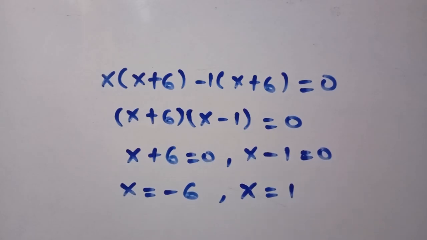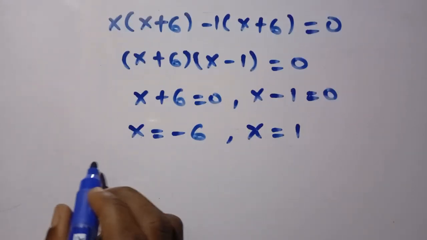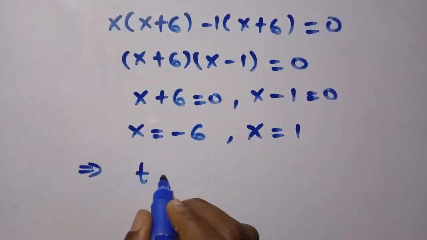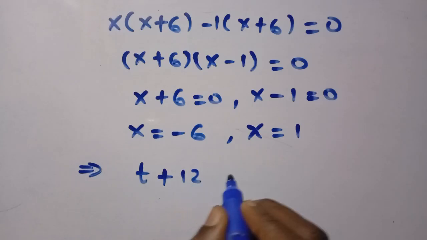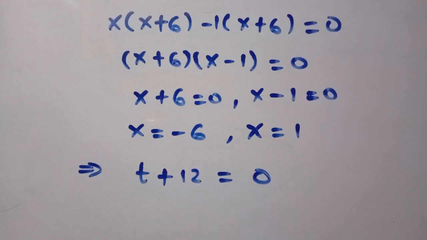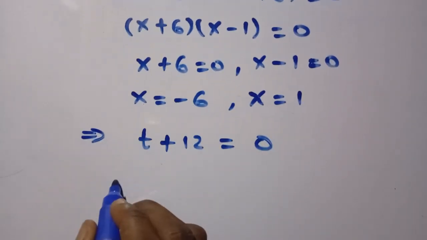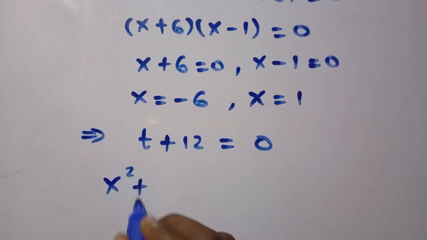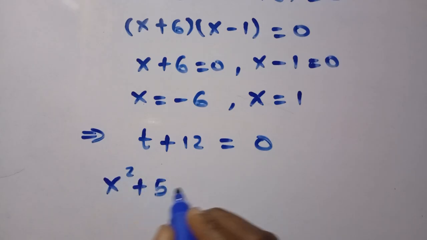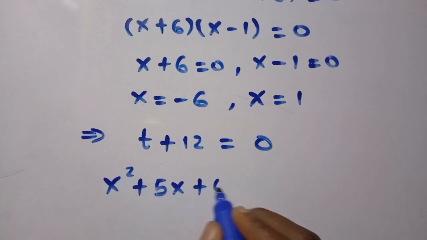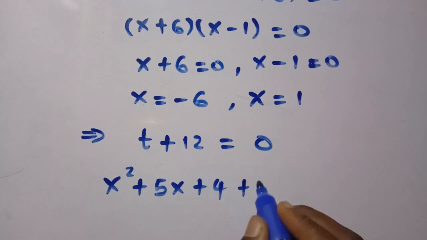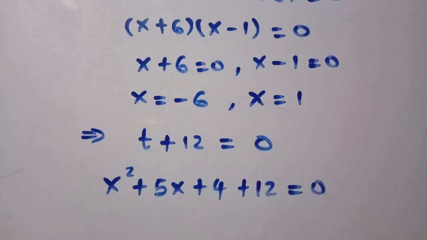And let's see the other roots here. When we recall, we have t plus 12 equals 0, and we also replace the value of t with x squared plus 5x plus 4. Then plus 12 equals 0.